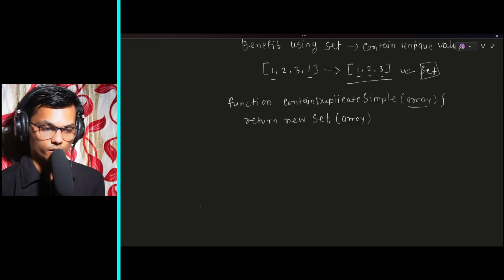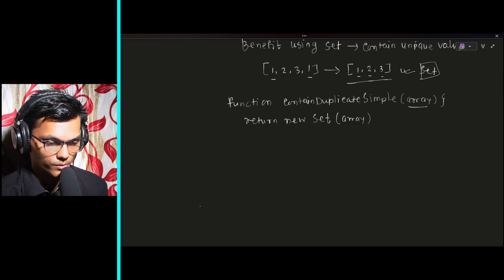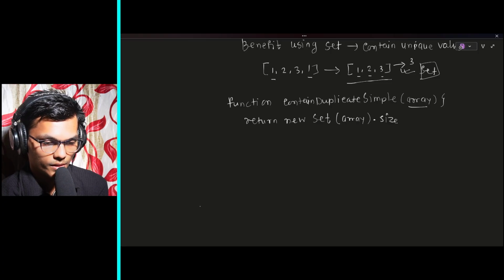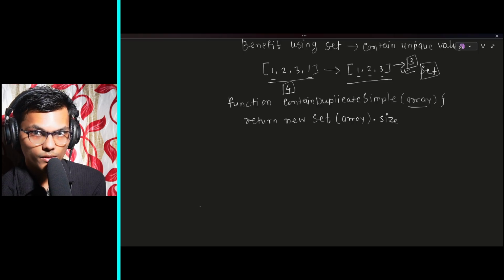So the result will look like this. It will give us the unique values, and we can check the size of our set, right? After adding this input array in the set, the size of our set is 3, and our original array size was 4, right? So they are different.